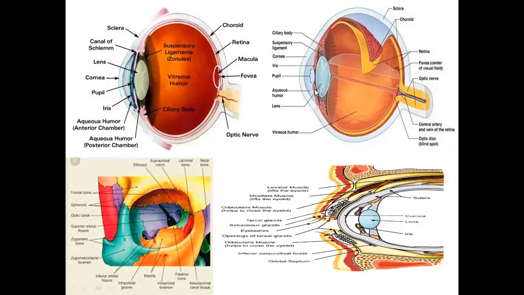If the iris moves from its place and covers the canal of Schlemm, this is called secondary glaucoma. So angle closed glaucoma is also called secondary glaucoma. Got it? So when the iris blocks the canal of Schlemm, this is called angle closed glaucoma.